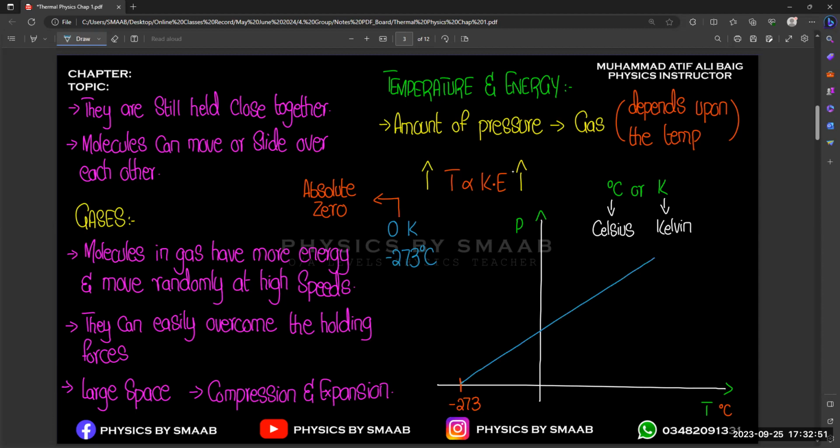So this is the concept of absolute temperature, and previously we already discussed the concept of increasing temperature. So we know that increasing the temperature will also increase the kinetic energy of the molecules.